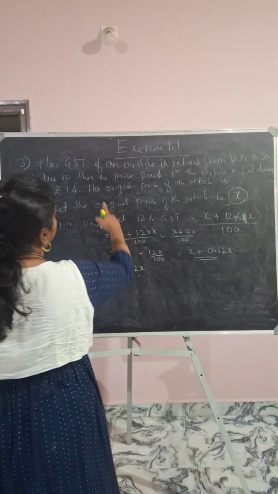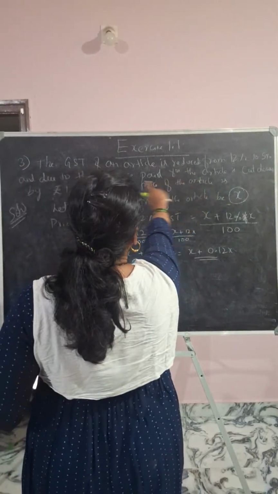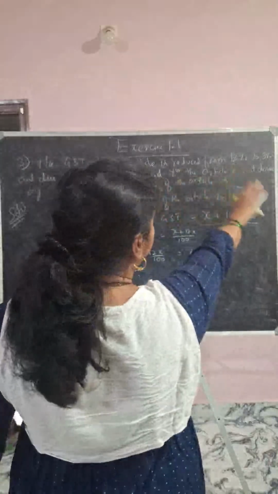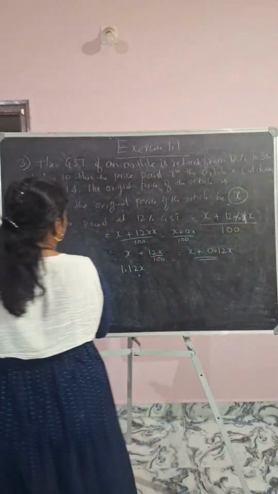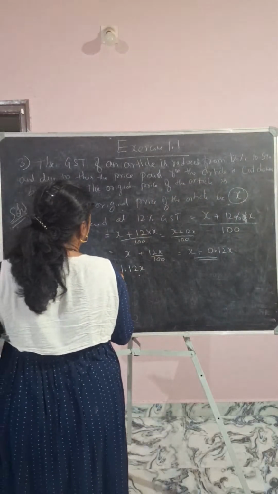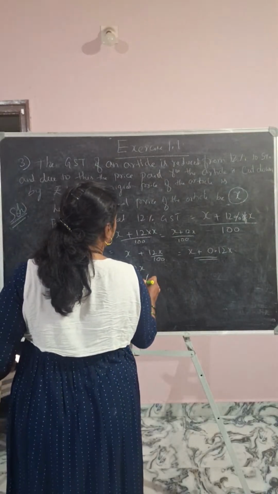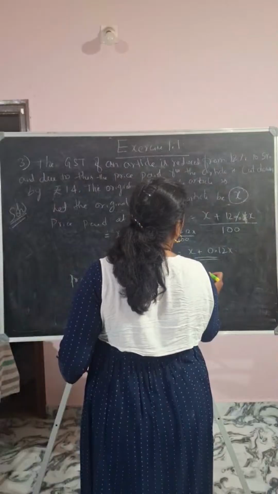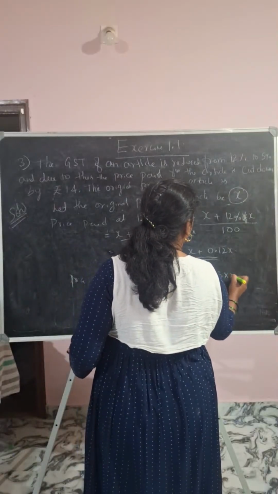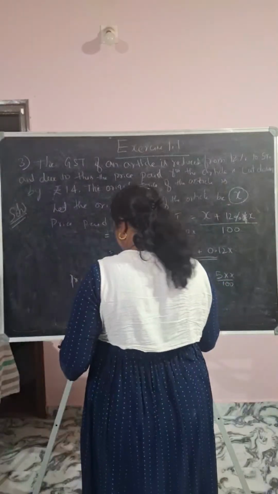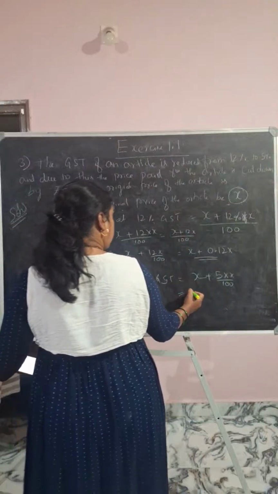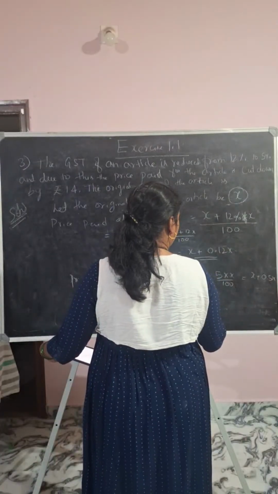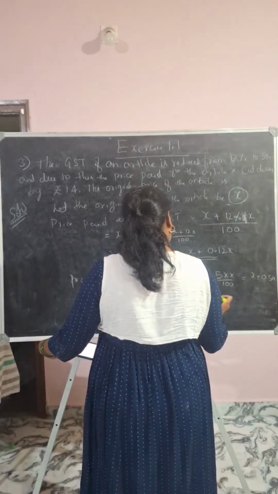And next, price paid at 5% GST, which is equal to X plus 5 of X divided by 100, which is equal to X plus 0.05 of X, which is equal to 1.05X.